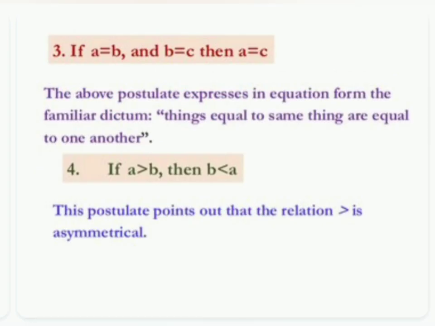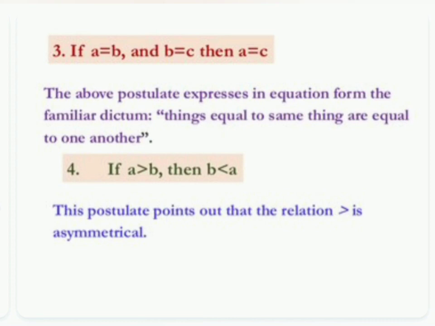Then the fourth postulate is if A is greater than B, then obviously B is not greater than A. That means in the relationship of two properties, if one property is greater than the other, the smaller one can never be greater than the bigger property.